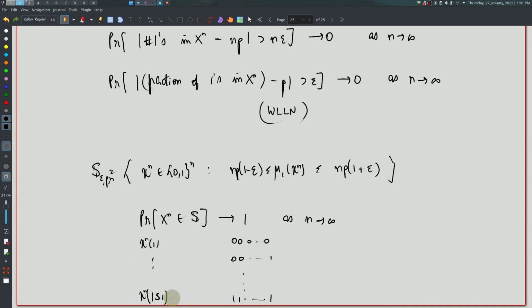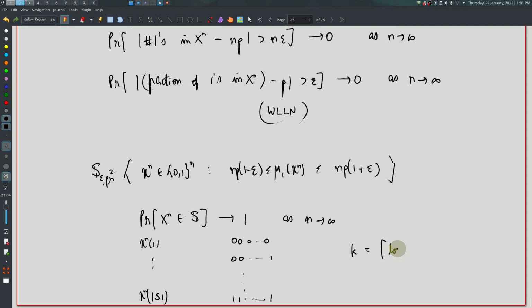So how many bits do I need to represent a sequence in this set? Yes, anyone? Exactly.